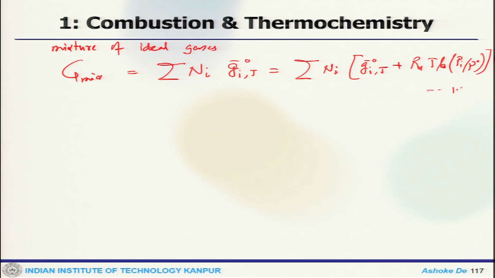So, that is your equation. Now, for a fixed T and P these are fixed, so you can find the equilibrium condition that dG_mix is 0.